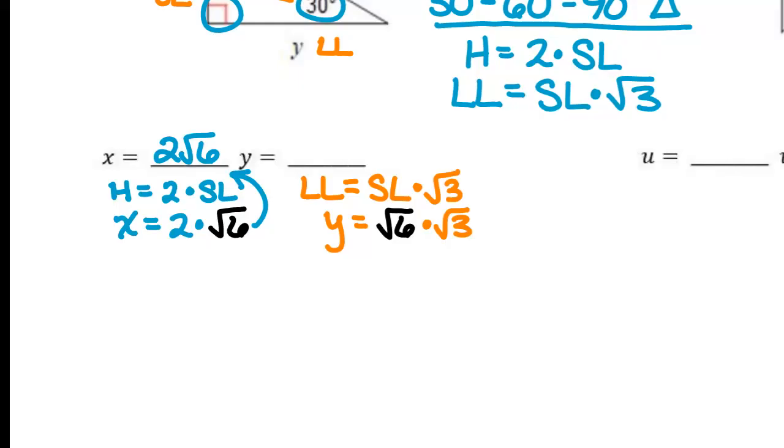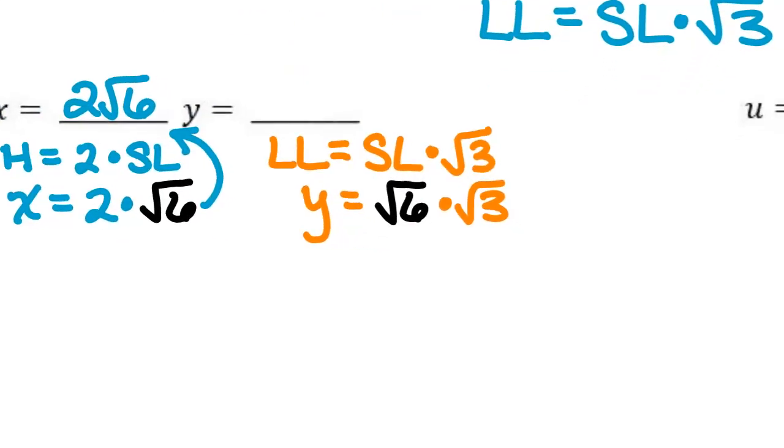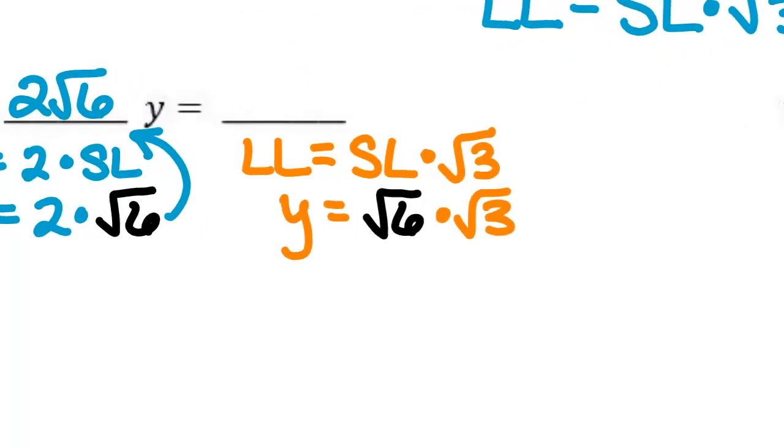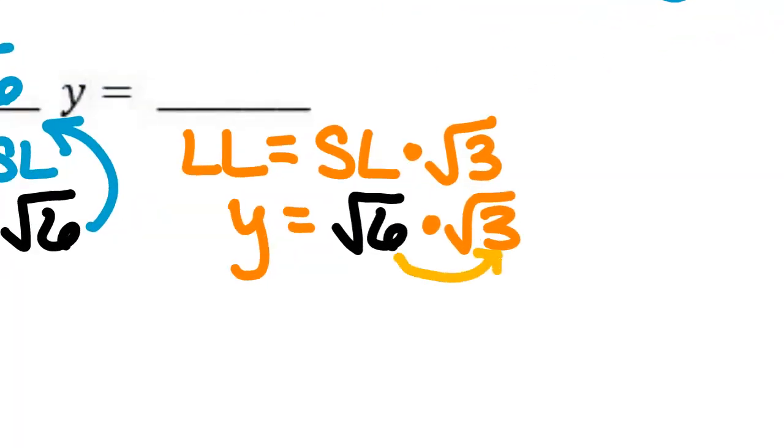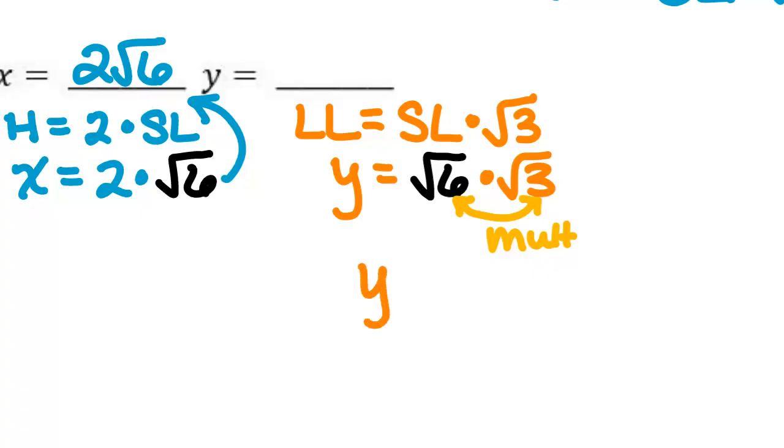I don't want to stick this in my calculator and get a decimal back, so I need to be able to work with this as is. If I have two things that are both underneath a square root, we multiply them together and we leave them underneath the radical. What is 6 times 3? 18. So this would be the square root of 18.